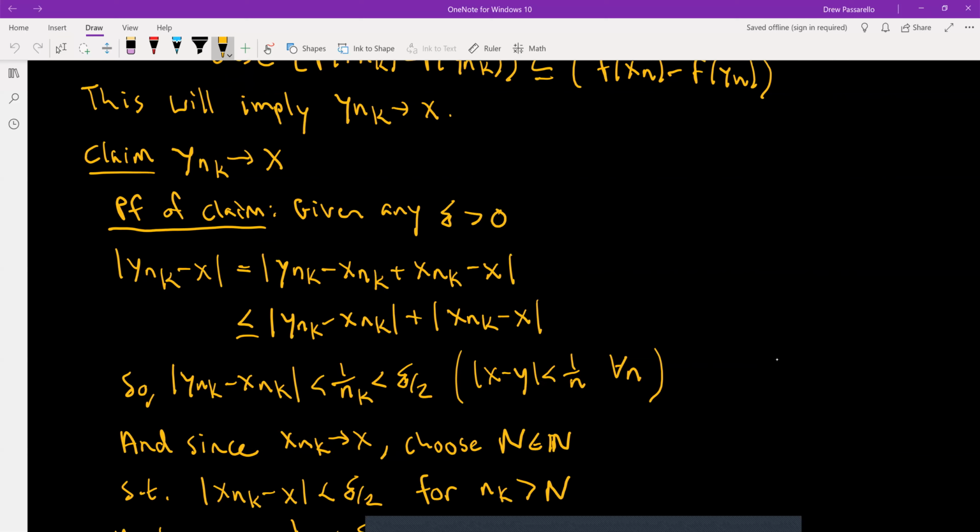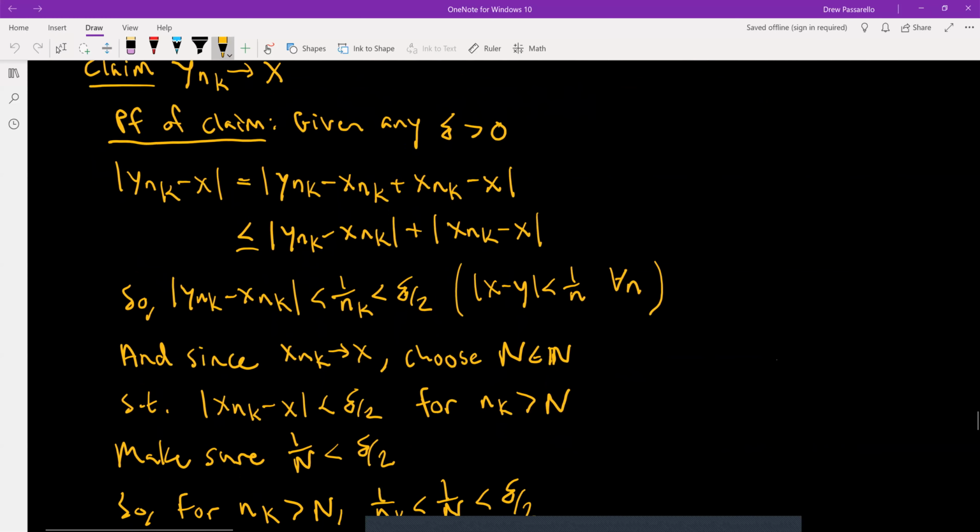We assumed that it was not uniformly continuous, so for the sequences x_n and y_n, we had that the absolute value of x_n minus y_n is less than 1 over n for all n. So then the absolute value of the difference between y_{n_k} and x_{n_k} is going to be less than 1 over n_k, which would be less than delta over 2 by the Archimedean principle.